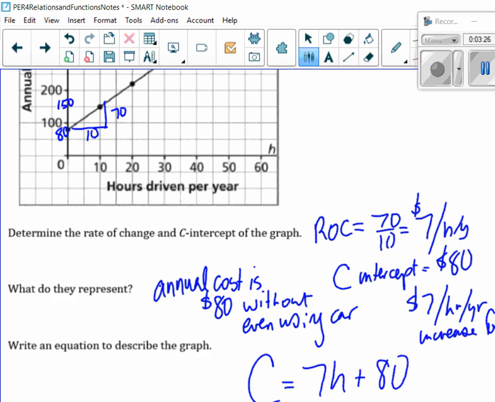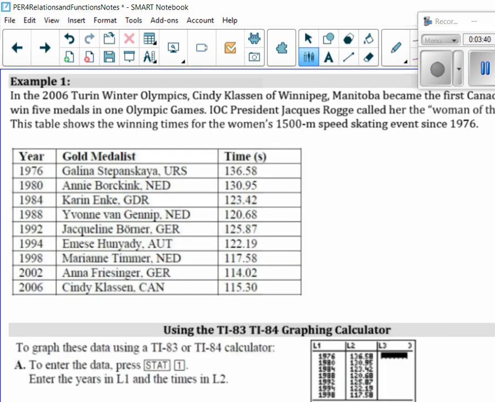Very good. Okay, any questions there? Okay, so that's review. So now we're going into the nitty-gritty here. Okay, everybody got this?